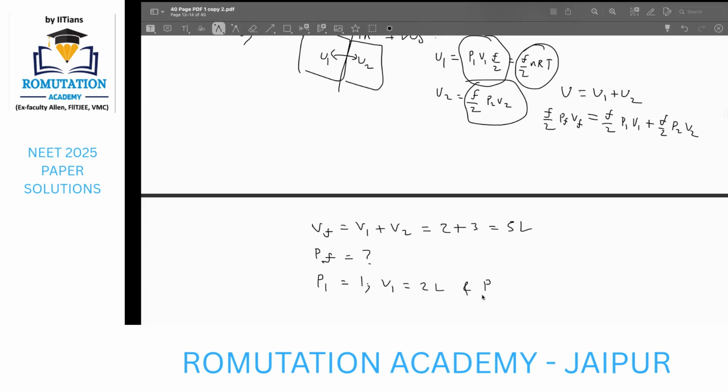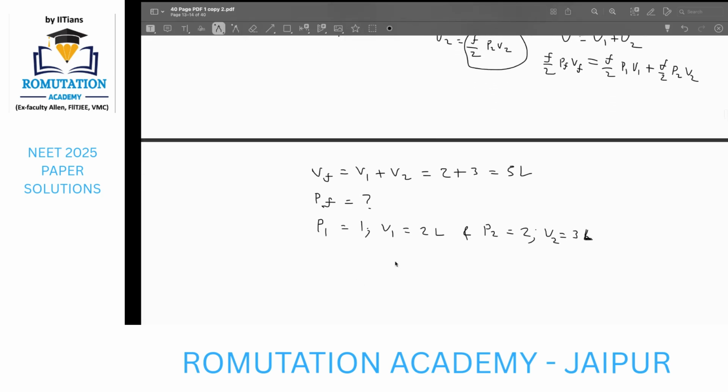P2 was given as 2 atm with volume 3 liters. As the gas is not different here, these parts simply get cancelled.